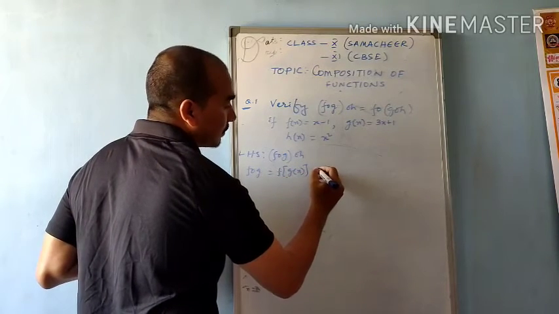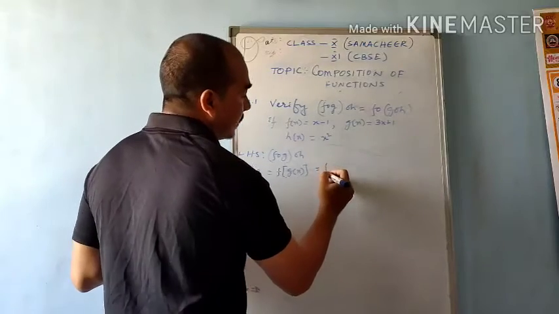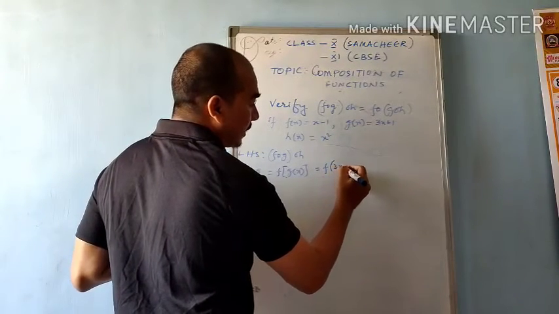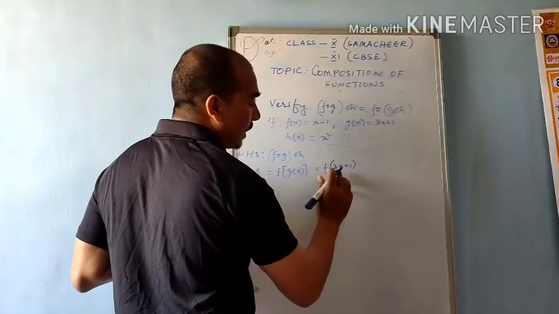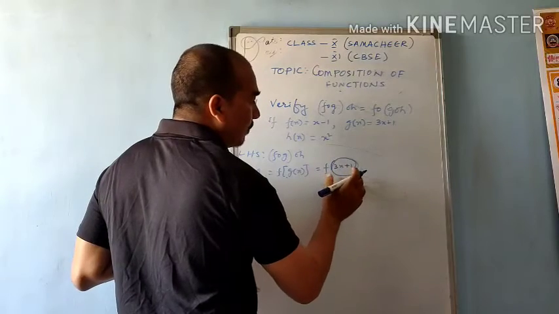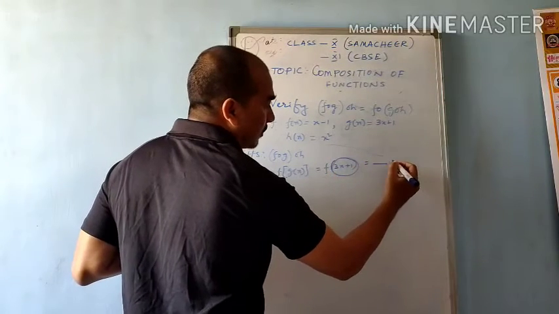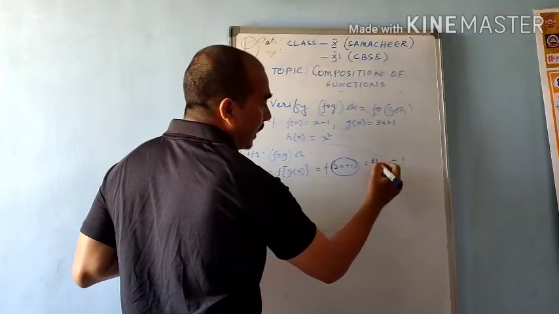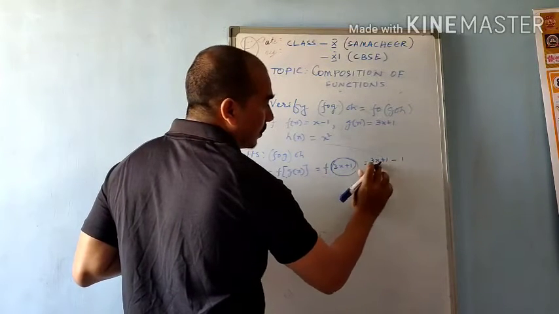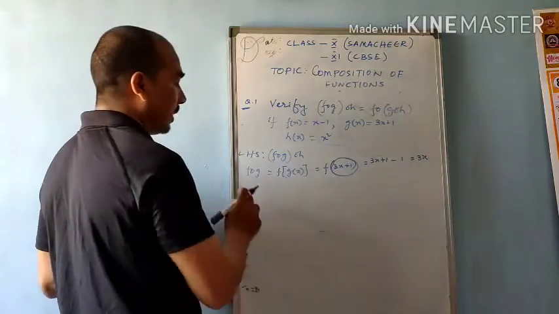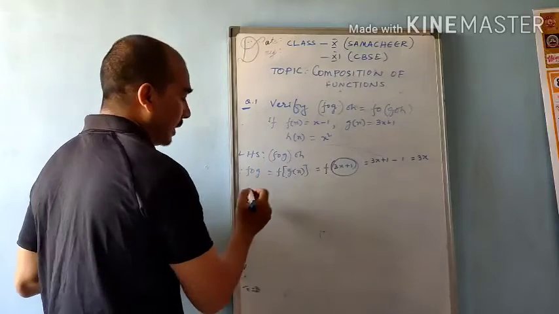What is the g of x? g of x value is 3x plus 1. Now it becomes f of x. What is the formula for f of x? x minus 1. What is the x value here now? 3x plus 1. So 1 minus 1 is 0, and the answer will be 3x. So f o g value is 3x.